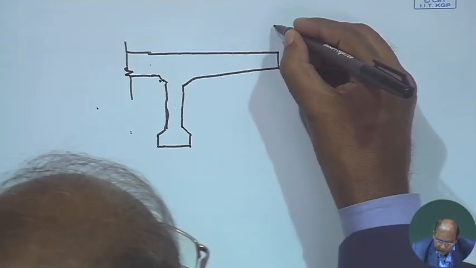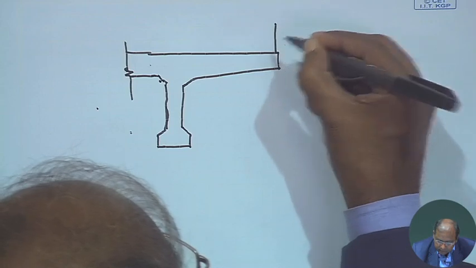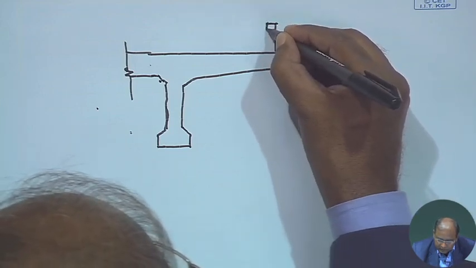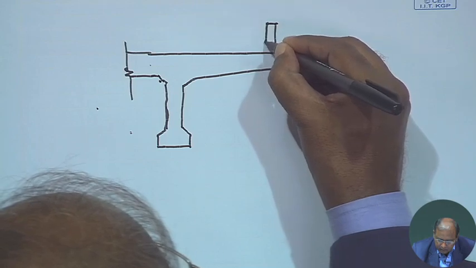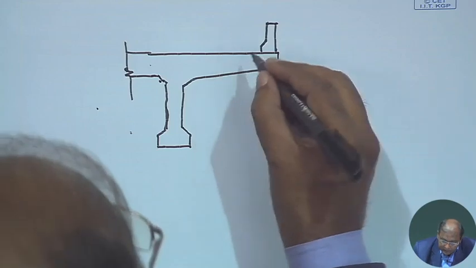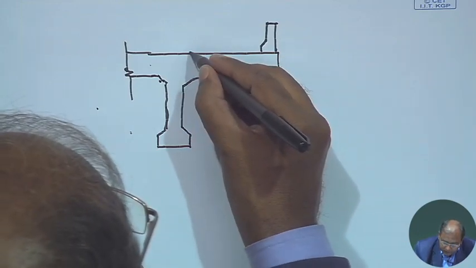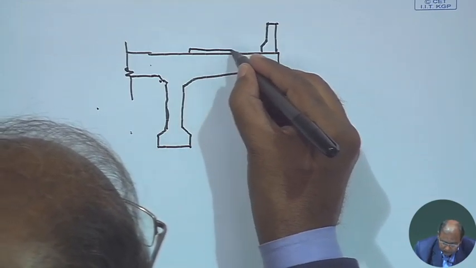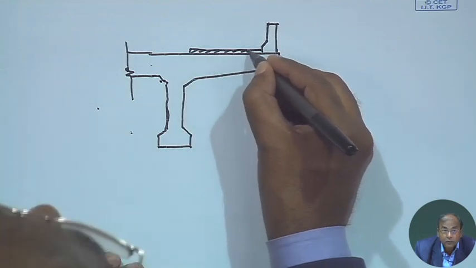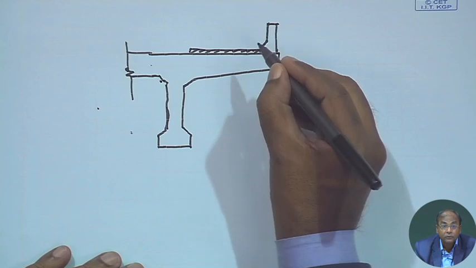What we have here? We have this section of crash barrier, so, like this, and then we have footpath. Whatever footpath we are having, that we can find out here.